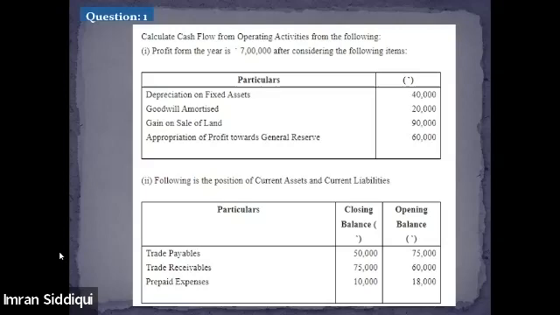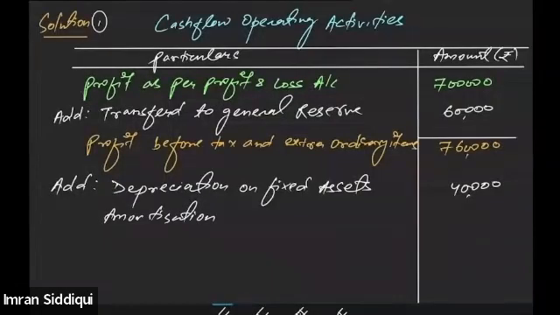Amount of depreciation on fixed asset. How much? It is 40,000. And amortization. So we can't see the board. Now is that visible to you?